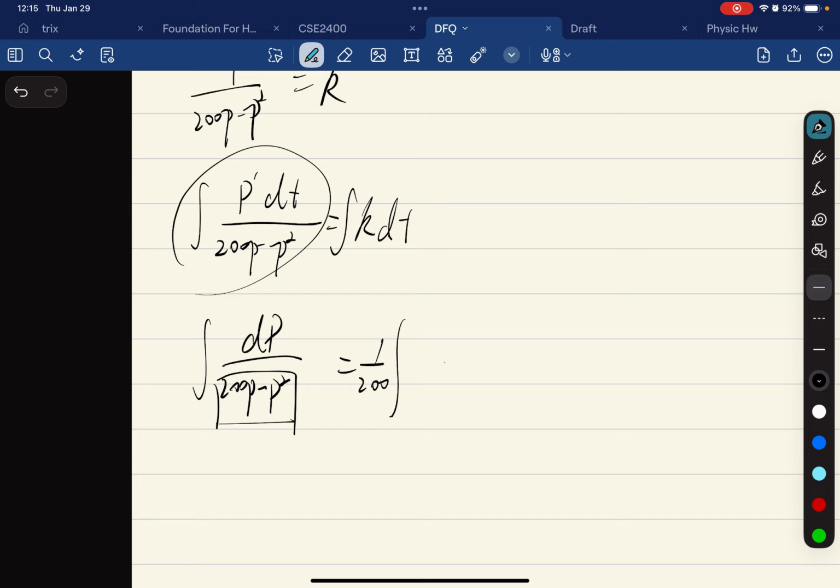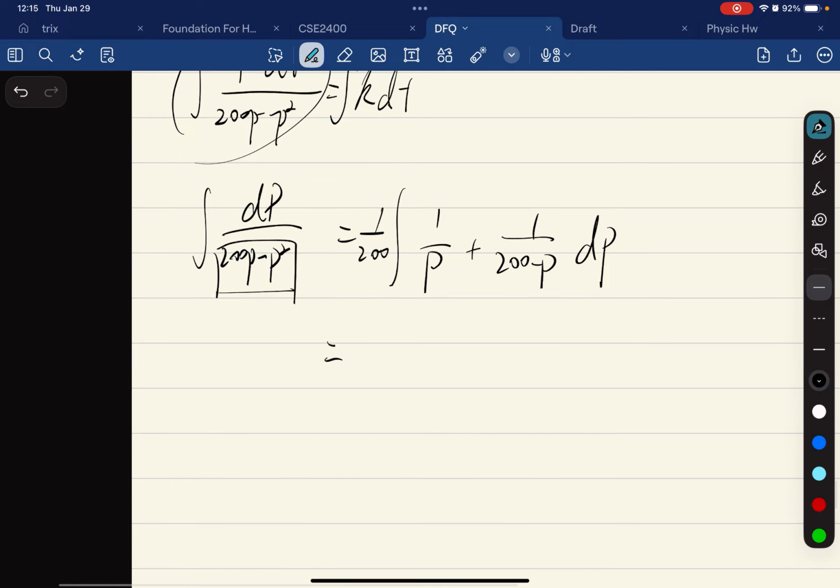So it will become 1 over 200 times (1 over P plus 1 over (200 minus P)) dP.